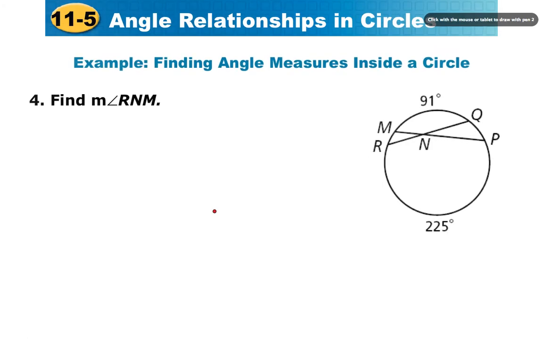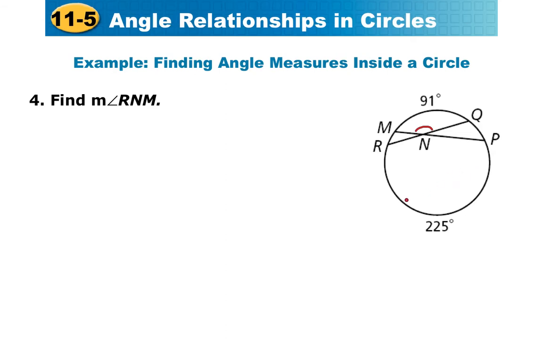Problem number 4. Similar to the previous one, just a slight difference here. They want you to find the measurement of angle RNM. I'm sorry. So they want you to find this angle. In a little bit, we'll get to that. What we're going to do is we're going to focus on finding this angle here. Since they give me arc MQ and arc RP.